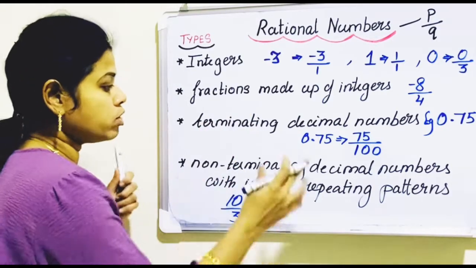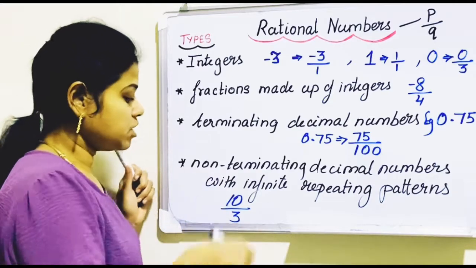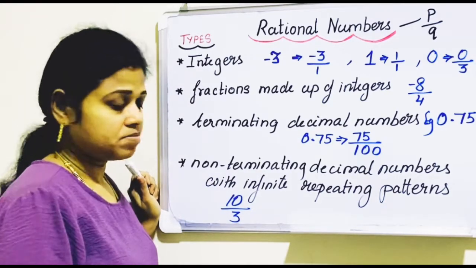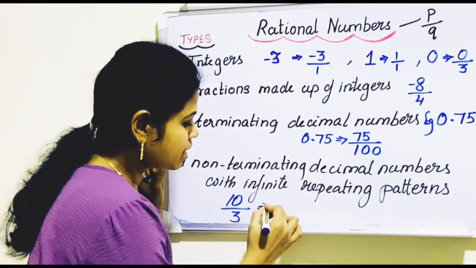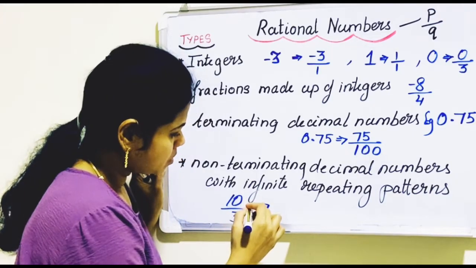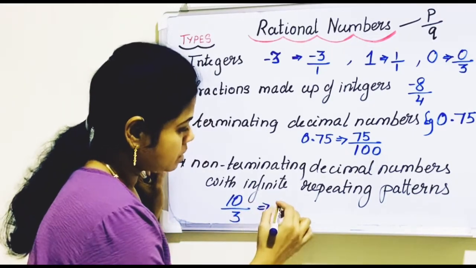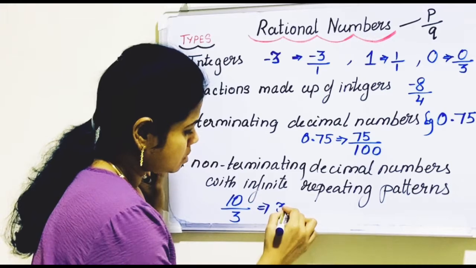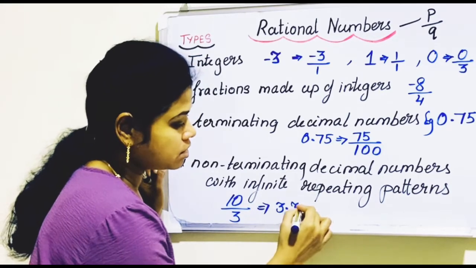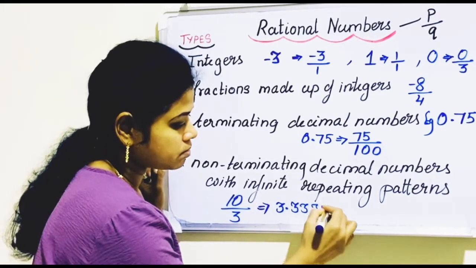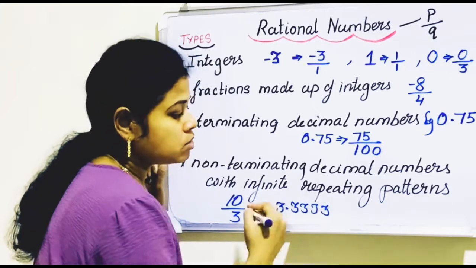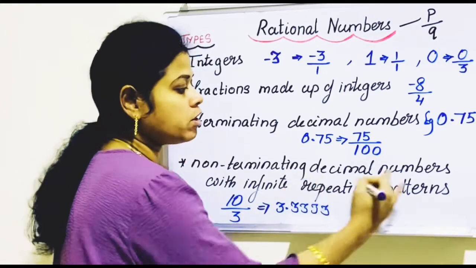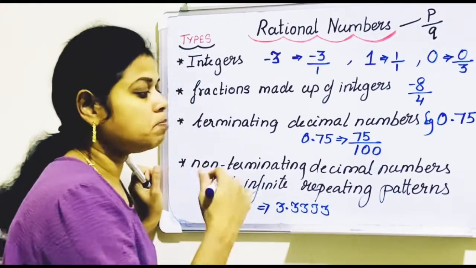So for a non-terminating decimal number, 10 divided by 3. What is 10 divided by 3? So it goes like that, 10 divided by 3. Yes, 3.333, it goes on. So this is a non-terminating decimal number with repeating patterns.